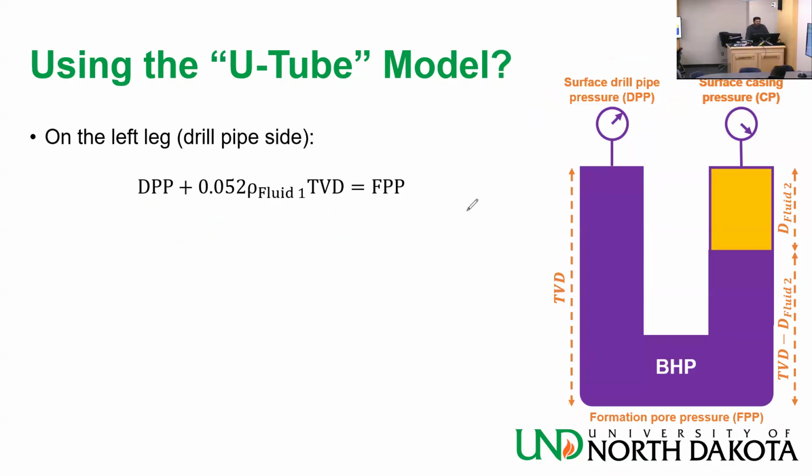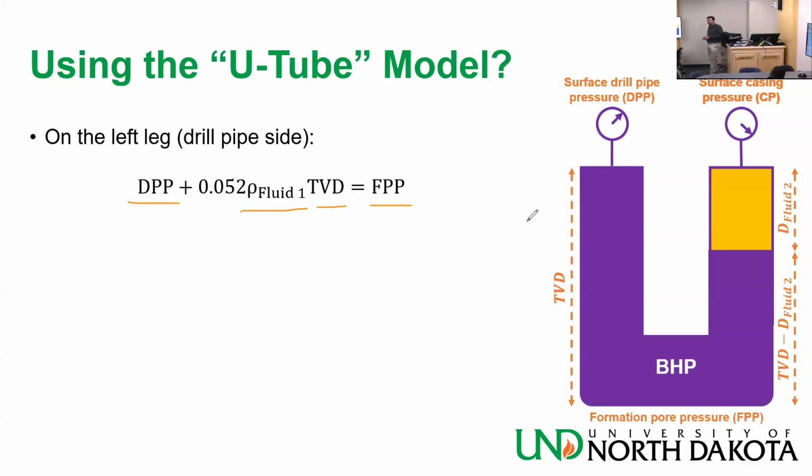So how many unknowns, how many variables do I have? I have a DPP, I have rho fluid 1, I have a TVD, and then I have an FPP. Generally speaking, when I'm drilling, I can see DPP in front of me. I know rho fluid 1, and obviously I know TVD, how deep my well is. But I don't really know FPP very well.